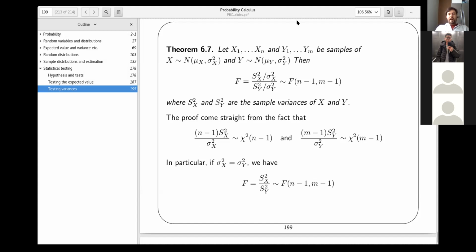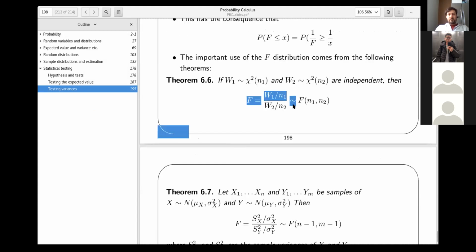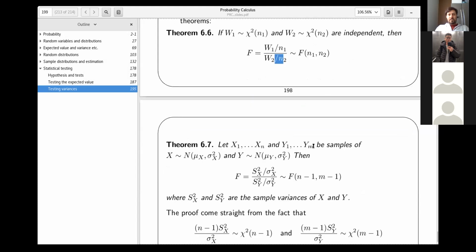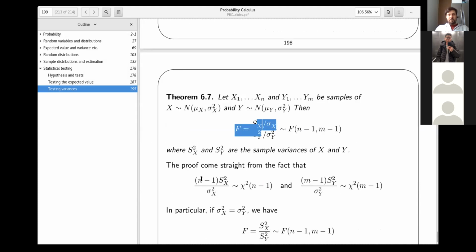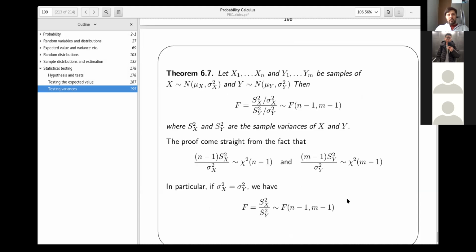We can derive it straight from this theorem. Then we can come up with this by noticing that we can normalize this by n-1, and this by n-1.